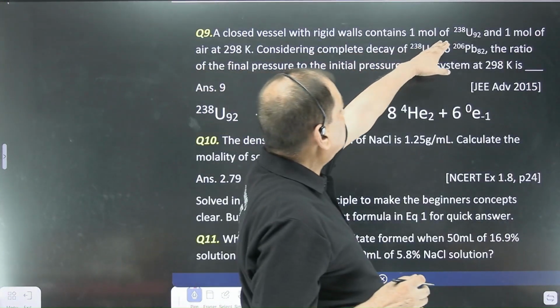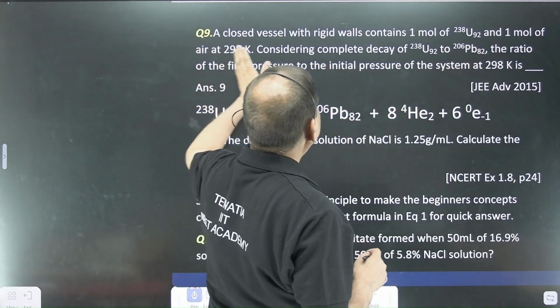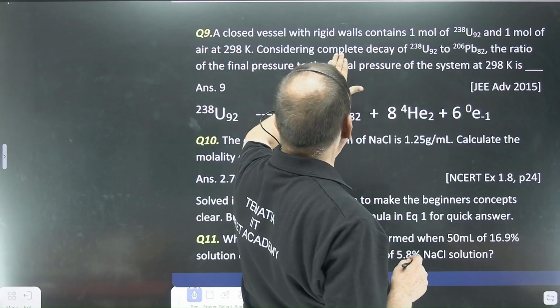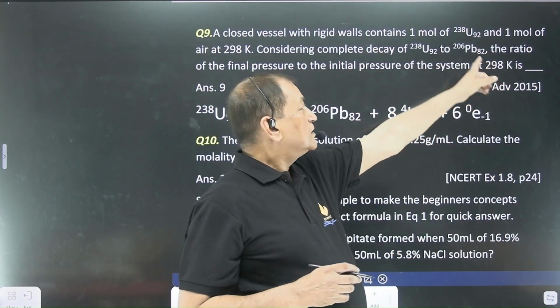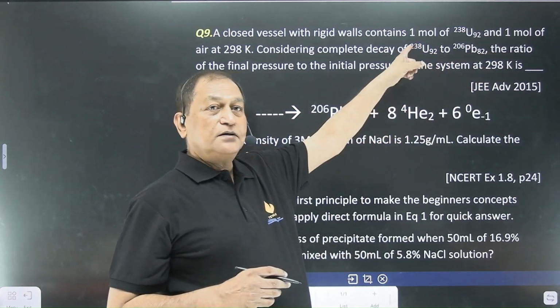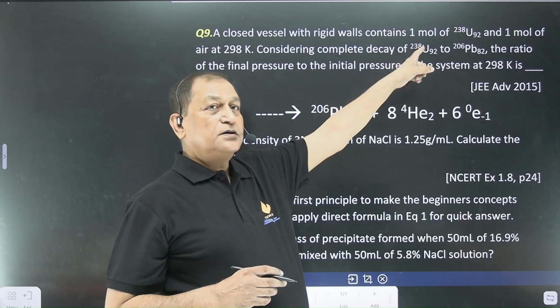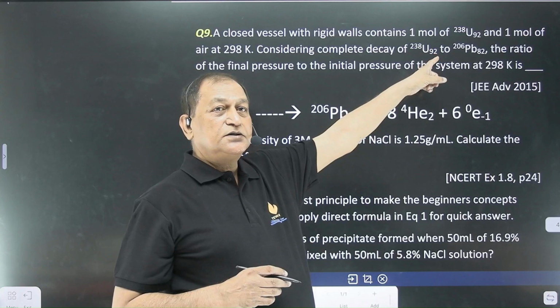Next question: a closed vessel of 1 mole of uranium 238, 92, complete decay. This uranium decays to lead 206, 82. This side is written mass, and this side is written proton charge.